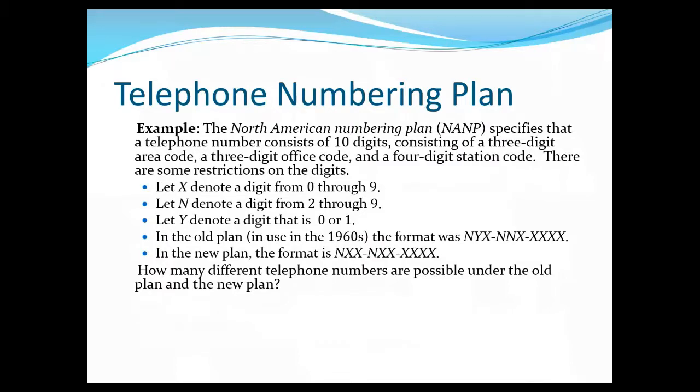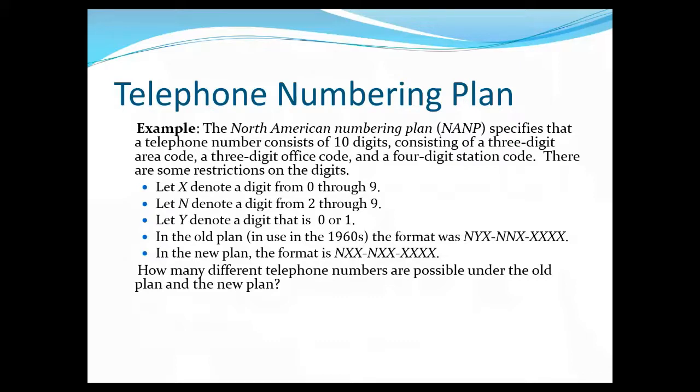In the old plan, used in the 1960s, the format was NYX NNX XXXX. But the current plan's format is NXX NXX XXXX. We're going to determine the different possible telephone numbers from the old and the new plan.